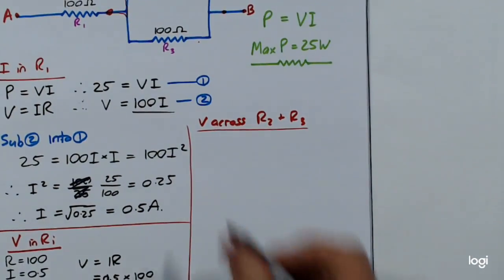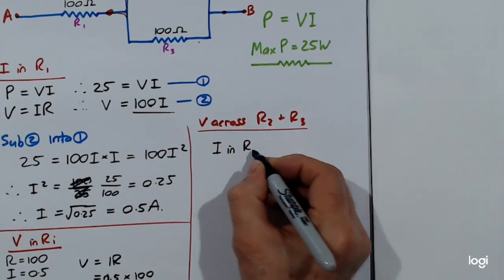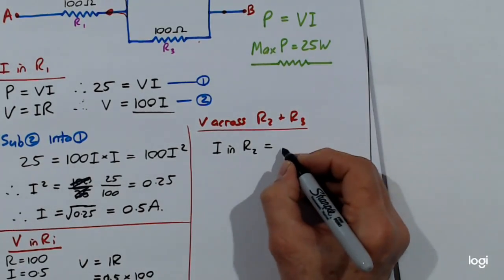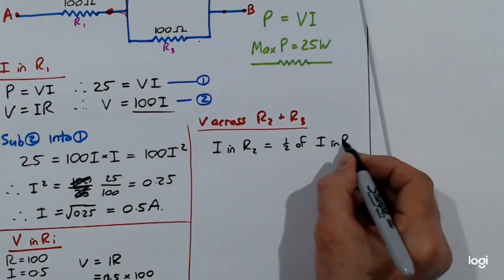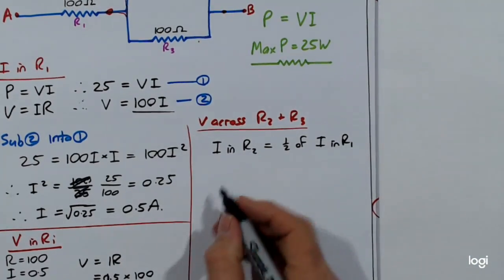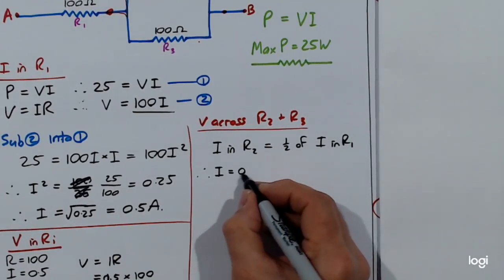Okay, so straight away you can say I in R2 is going to be half of I in R1. So just explain yourself. Therefore, I for this bit is going to be 0.25 amps.